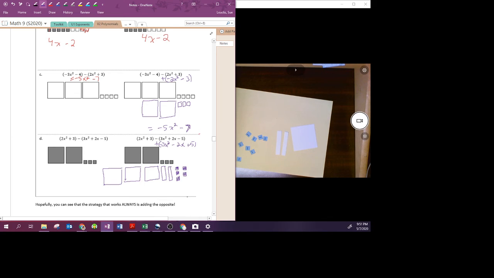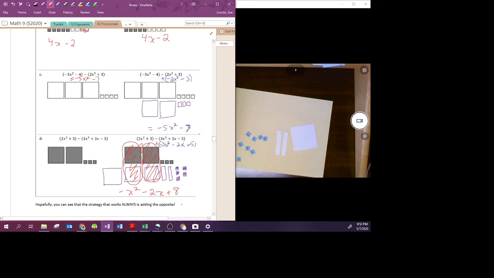So what I'm left with, oh, I need to take away, there's a zero pair, and there's a zero pair. Those all go away. And I'm left with negative x squared minus 2x plus 8.